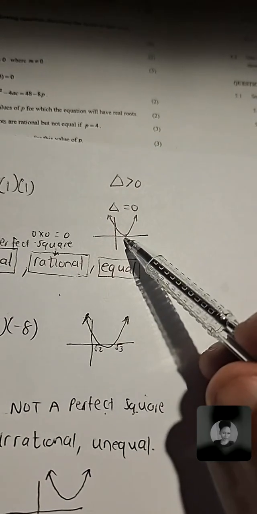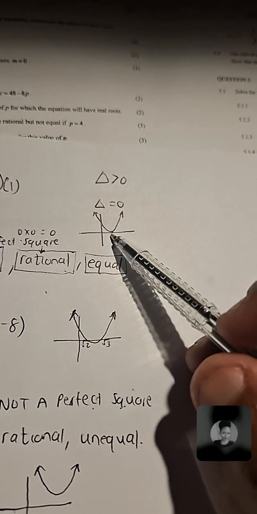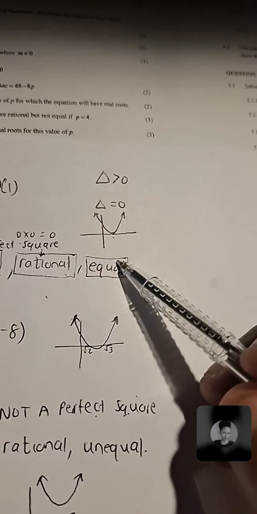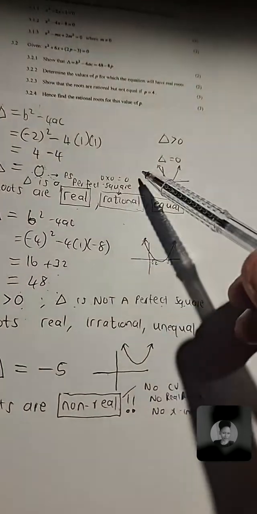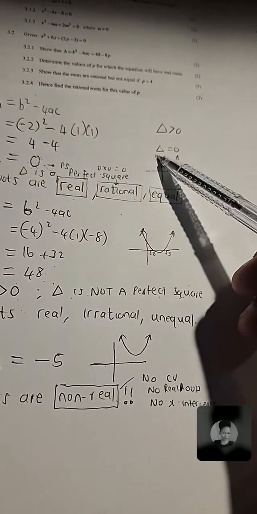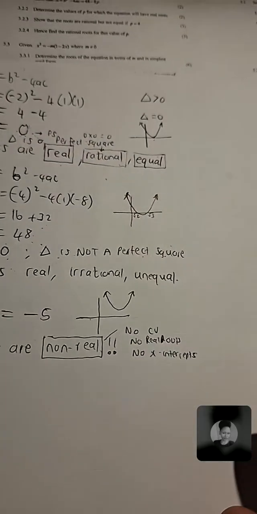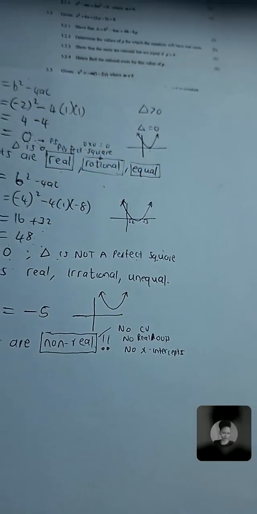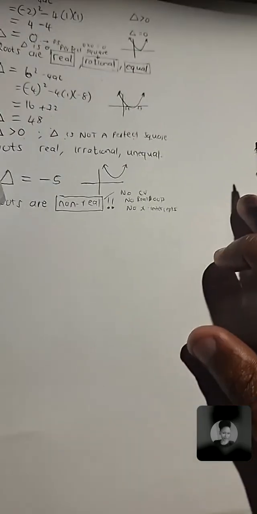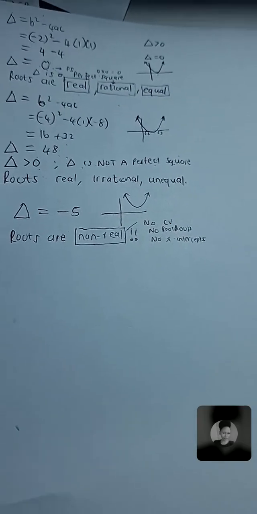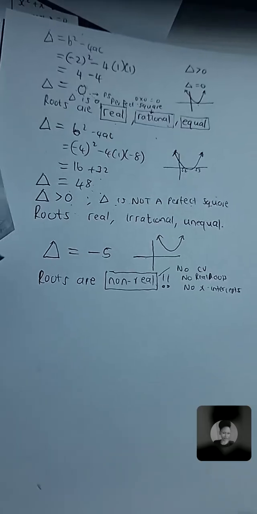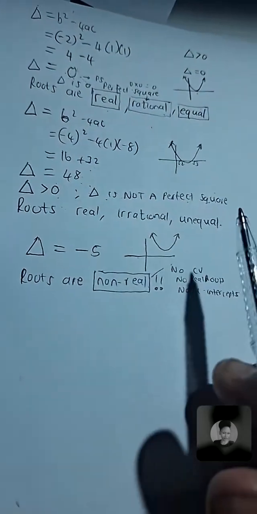There's one real root, and they are equal. So that's how you relate this back to graphs or functions, because it's important to relate it back to graphs and functions.